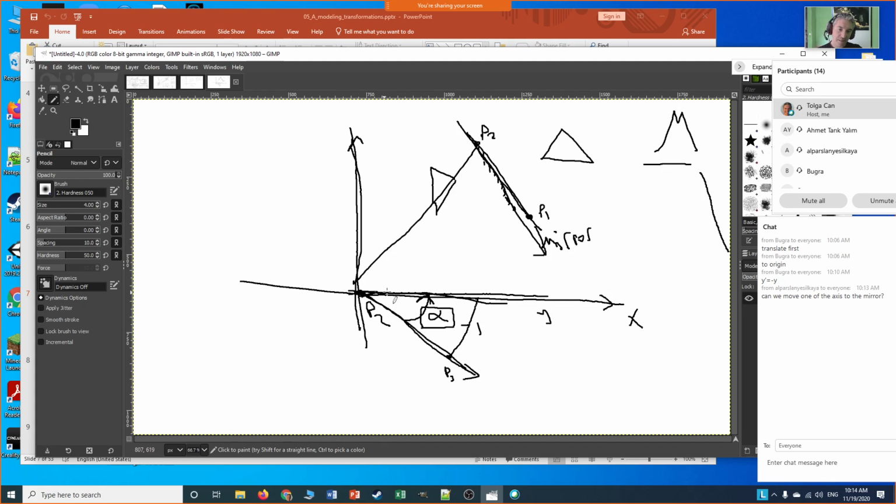If this becomes the x-axis and this is y, your mirror is going to appear like this, with some arbitrary orientation, P2, P1, and the triangle is also moved here. As you can see in this new coordinate system, again, it's not -1 or 1. It doesn't become a major axis.